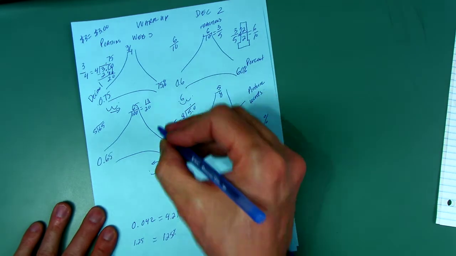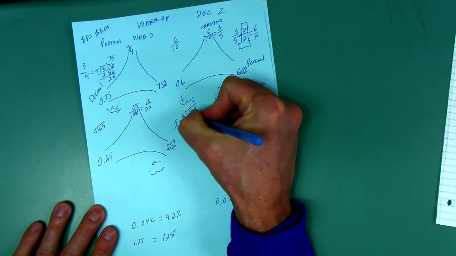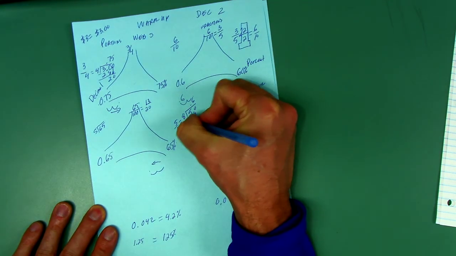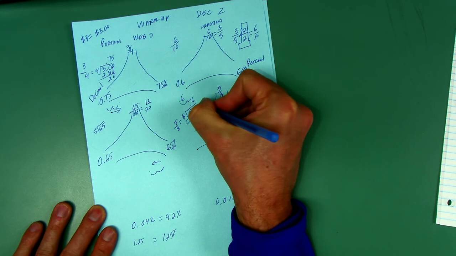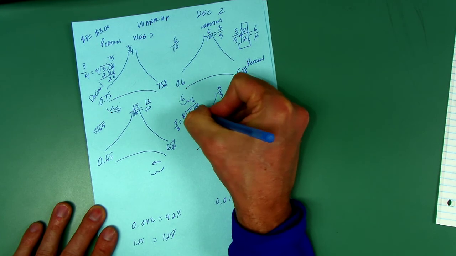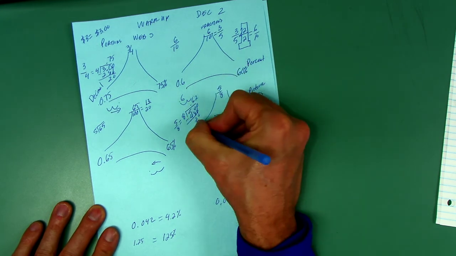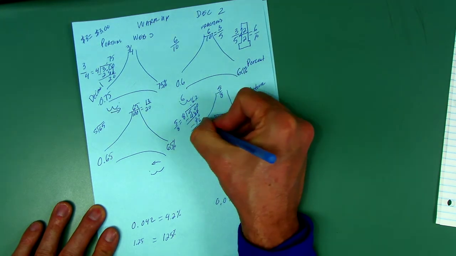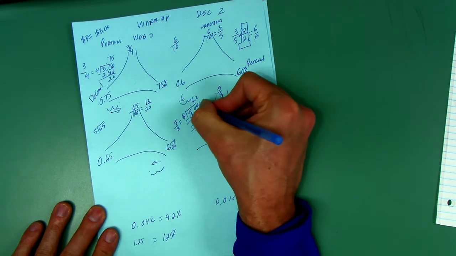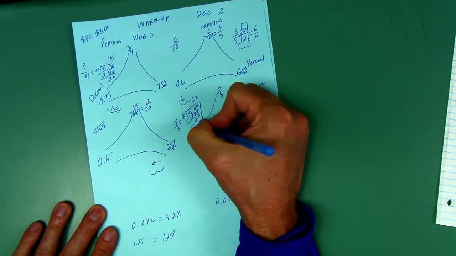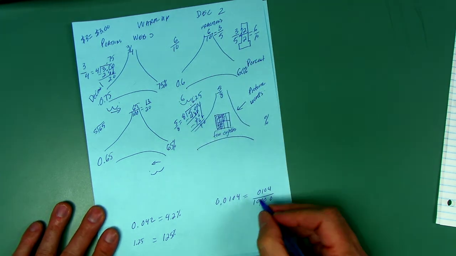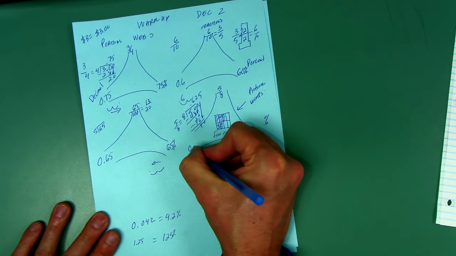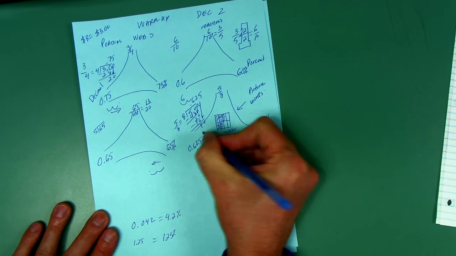Now 8 goes into 50 6 times, because that's 48. I have a remainder. What do? Add another 0. 8 goes into 20 twice, because that's 16. I got another remainder. What do? Add another 0, right? And 8 goes into 40 5 times. So 0.625, or 625 thousandths.